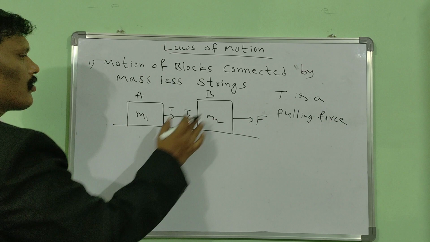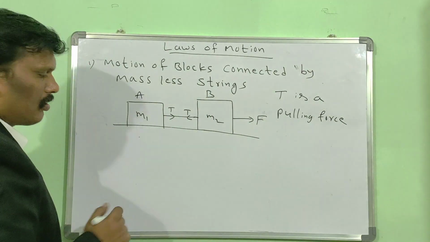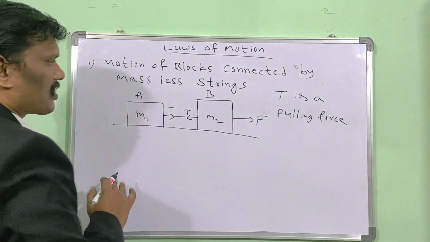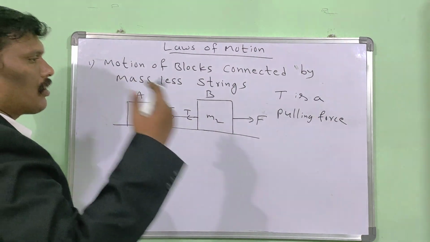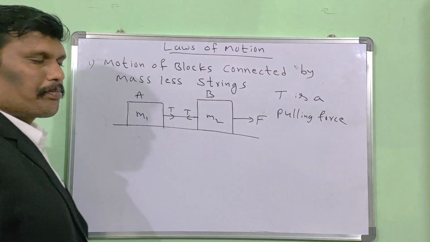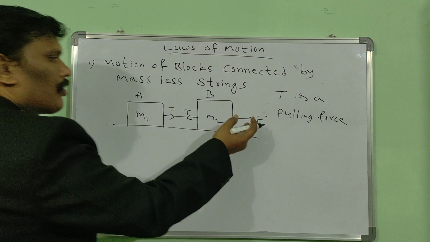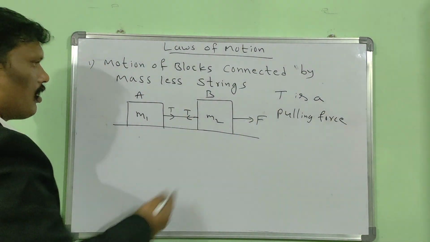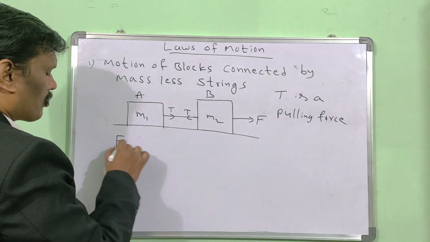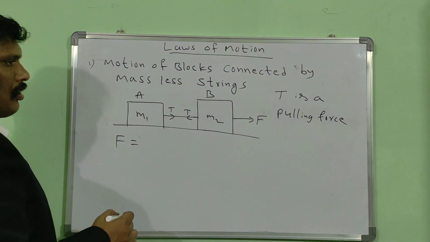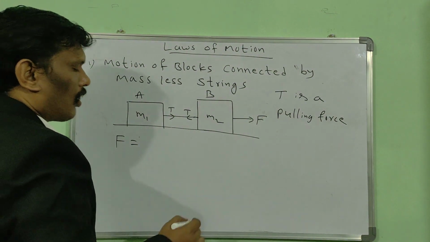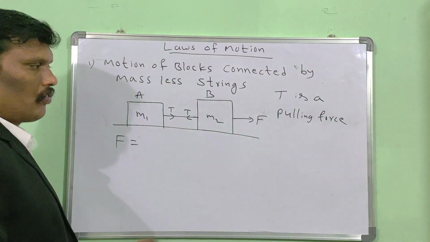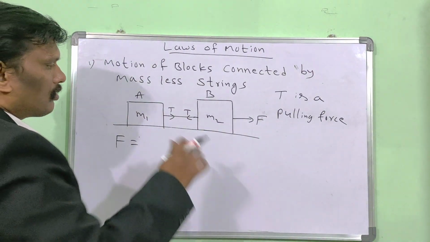So how do we calculate the acceleration of the system? Otherwise, suppose the acceleration is given and we need to calculate the force; or suppose the force is given, how do we calculate the acceleration? What is the net force acting on the system?